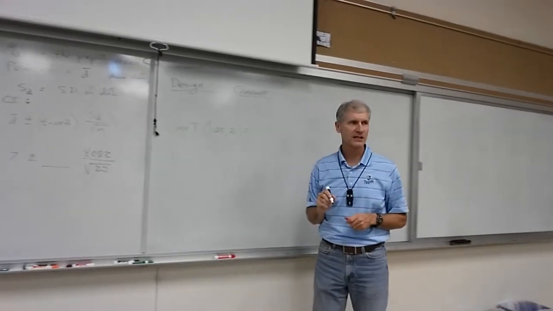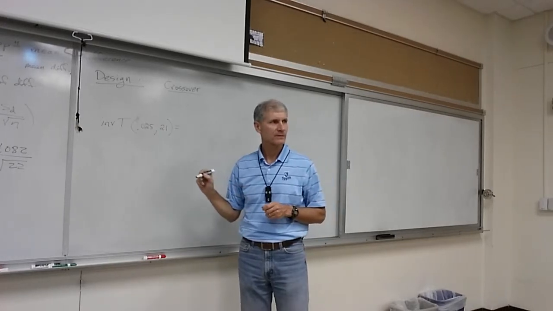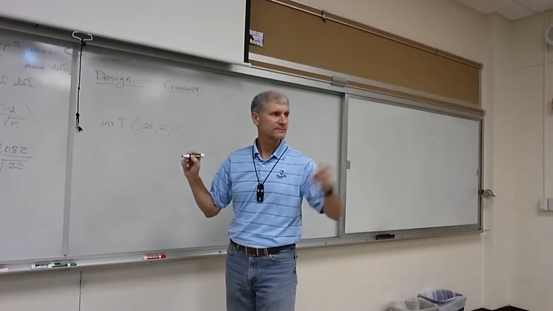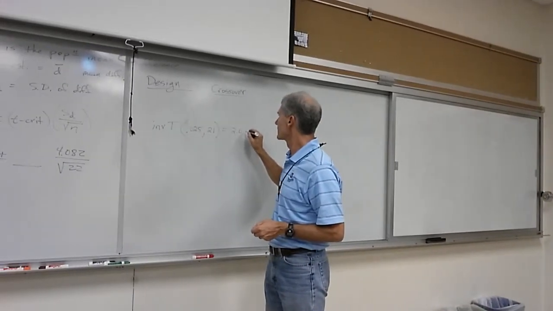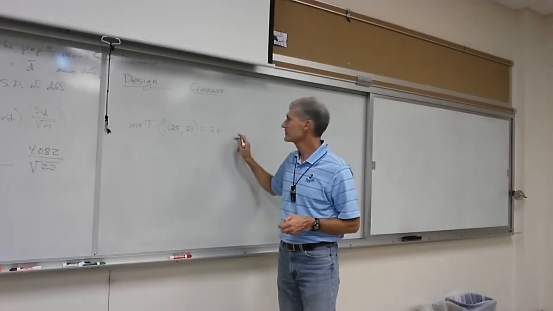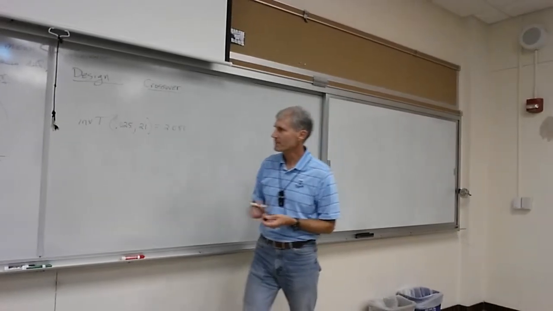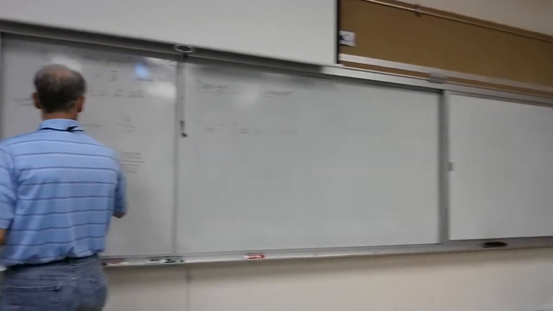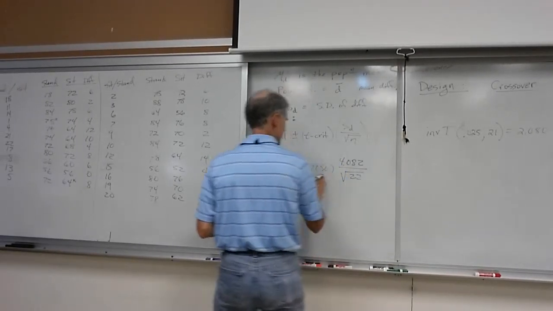What's the t critical value you get there? 2.08. Okay, go ahead and give me 3 places. It's 80? Okay, gotcha. Okay, so we'll fill that in here. 2.080 for the t critical value.